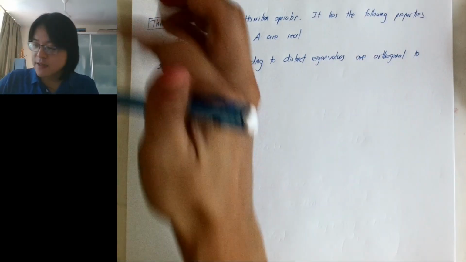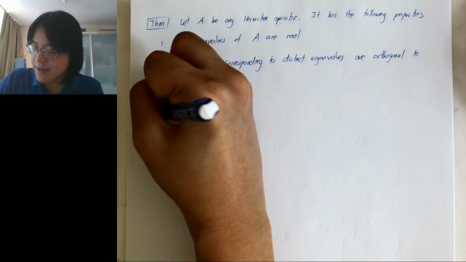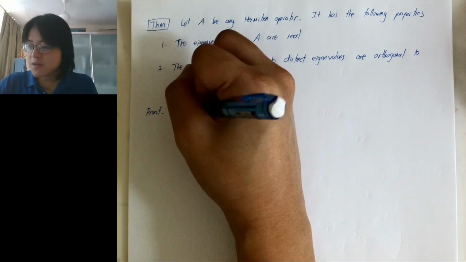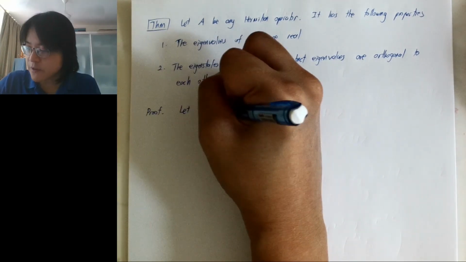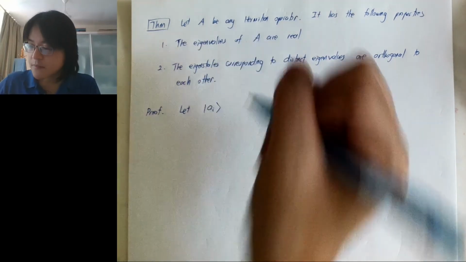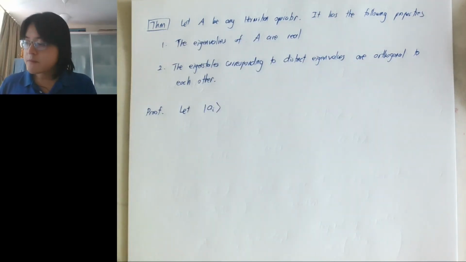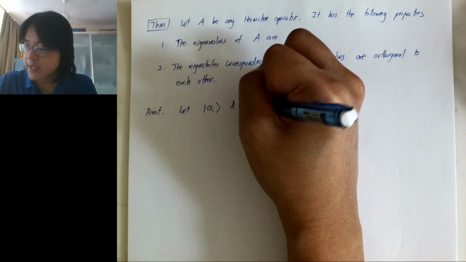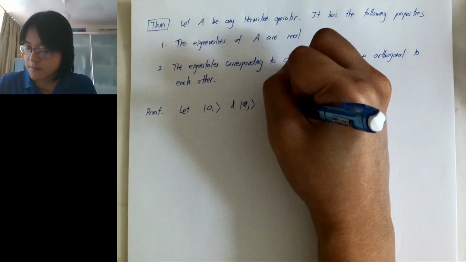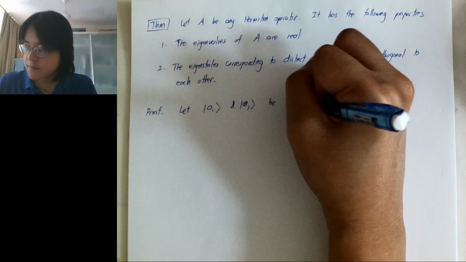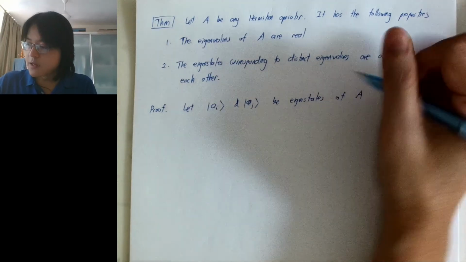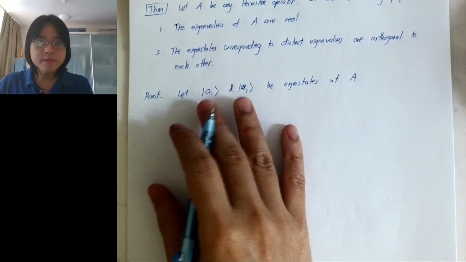So the reason I can give a proof here is that it is relatively simple. Let's denote the eigenstates of A by |a_i>, and we're going to talk about distinct ones. So let's consider two different eigenstates, |a_i> and |a_j>, of A. What does it mean for them to be eigenstates?